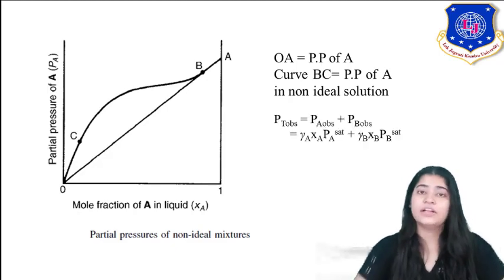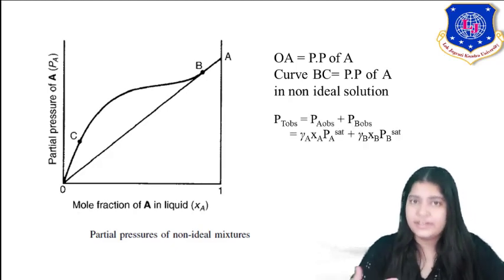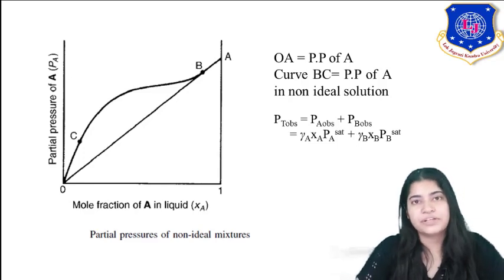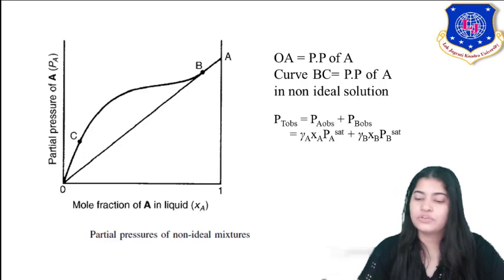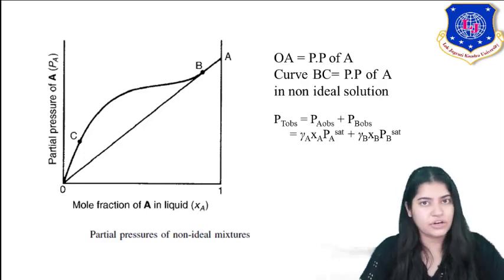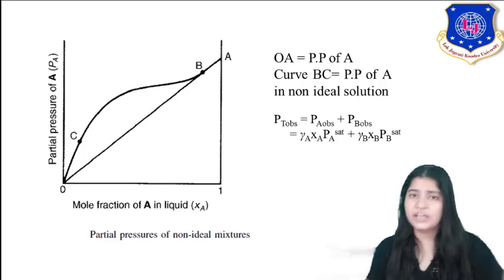Now for this non-ideal solution, of course your total pressure would be different. Here your total pressure is the summation of the observed partial pressures of A and B, again for non-ideal solution.